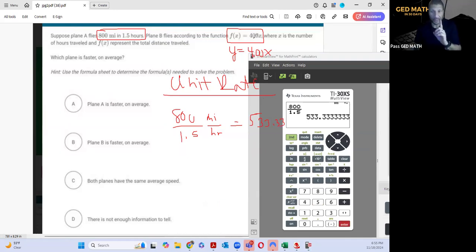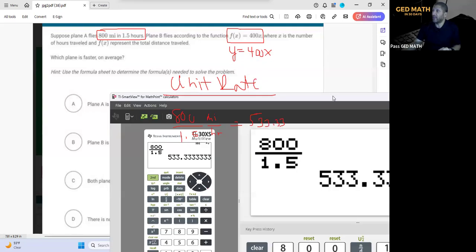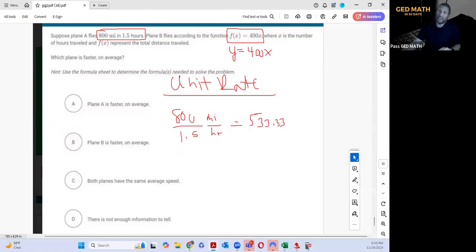Unit rate. How far can we go in an hour? So you might have looked at this problem and said, I see no similarities with the problems you just did, Mr. Tinsley. Watch this. They're giving you the equation. Your input is X. It's telling you X is the number of hours.